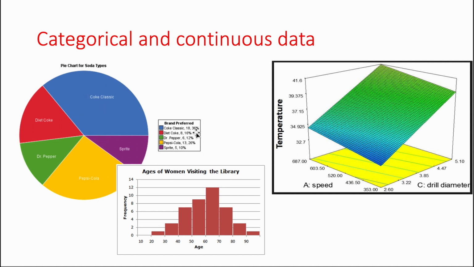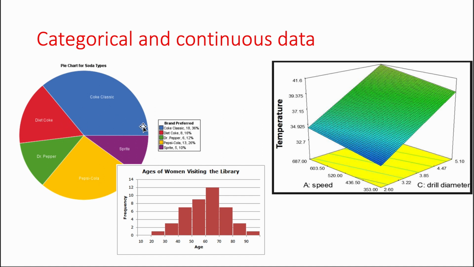So this pie graph was data taken from a class, and these students wrote down their favorite pops, right? Their favorite soft drinks. It doesn't matter that Coke Classic is in this region. See, I can move this section over here.